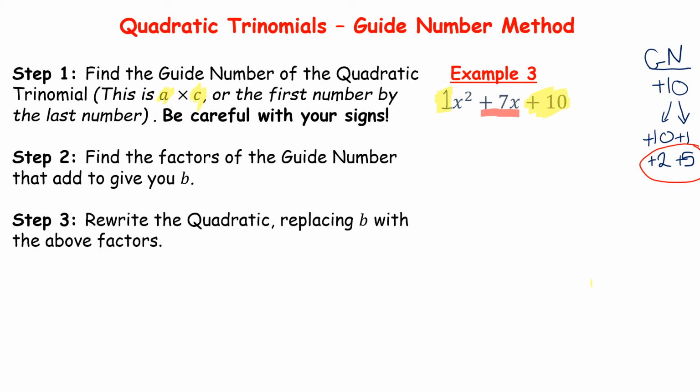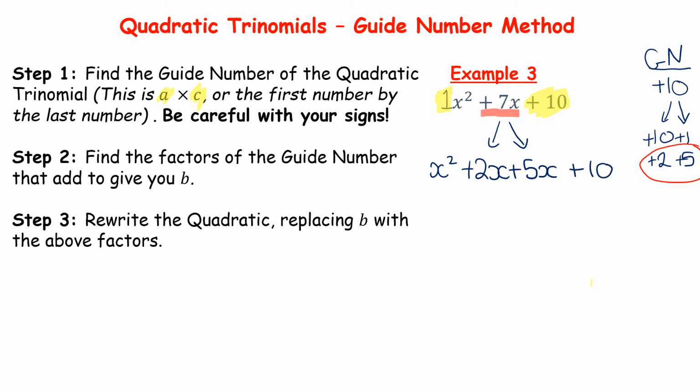So now that we've figured those out, we're going to rewrite the quadratic, replacing b with the factors we've just worked out. So what happens is that 7x is going to be split. So we get x squared plus 2x plus 5x, which is still 7x. So I've just made it look different.